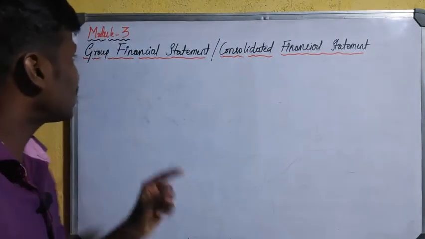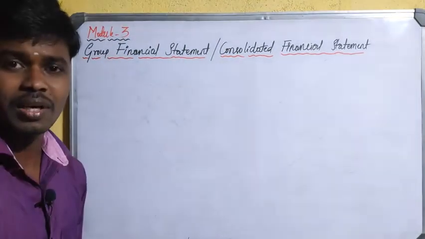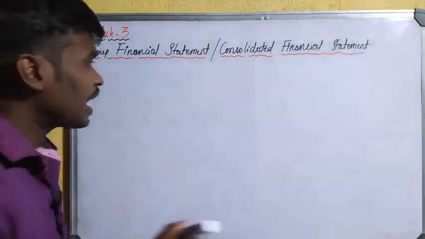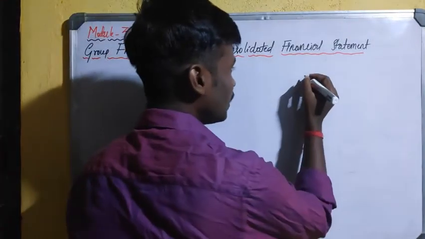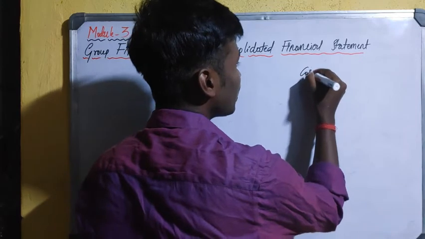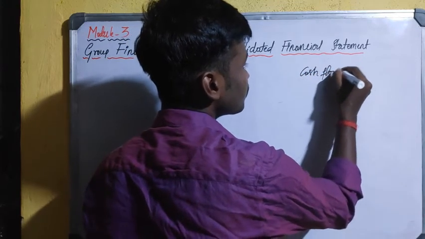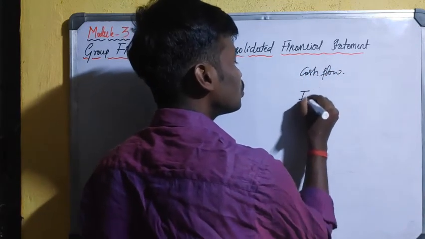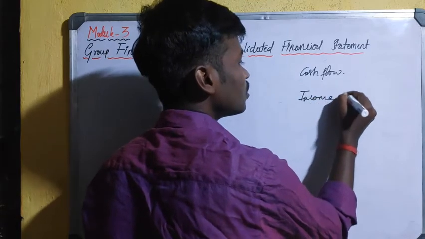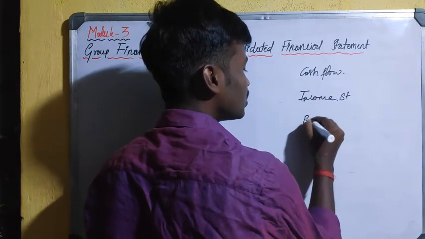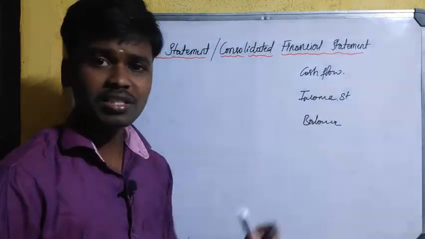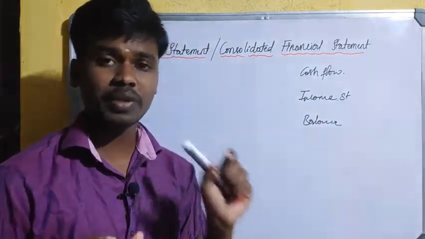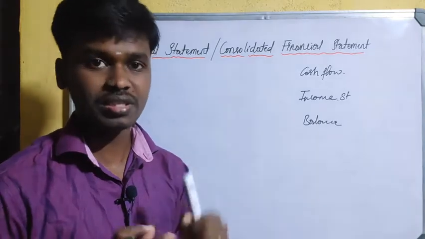You know generally what a financial statement is, right? This financial statement includes a combination of the cash flow statement, income statement and balance sheet. These statements give a clear picture about the health of the business organization.